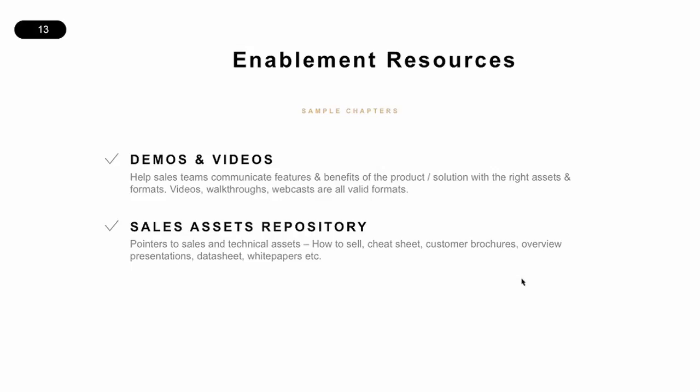Remember, the salespeople may or may not be there to drive through some of this content at the end of the day. So if they have to leave something behind, you need to ensure that you have content in different formats that you can actually share with your sales teams. And you can list them all here under the enablement resources section. And obviously, the sales asset repositories, this is of course all assets that you think are good to go and can be shared with some of the customers.